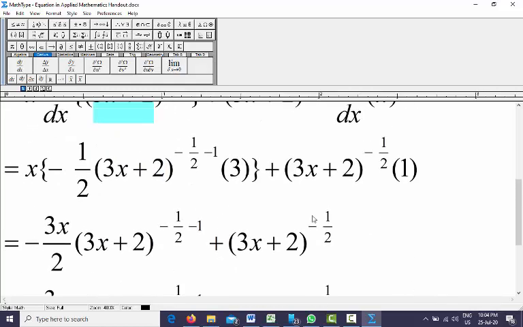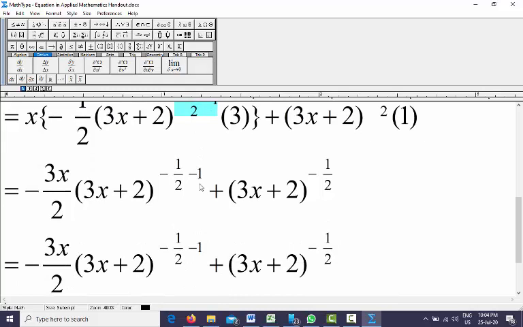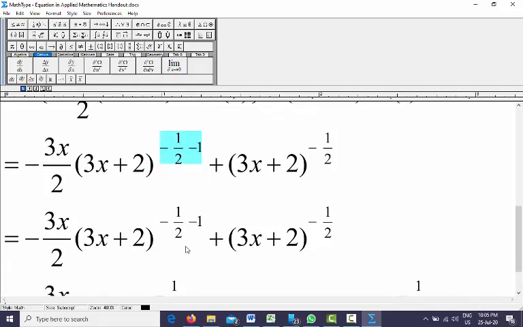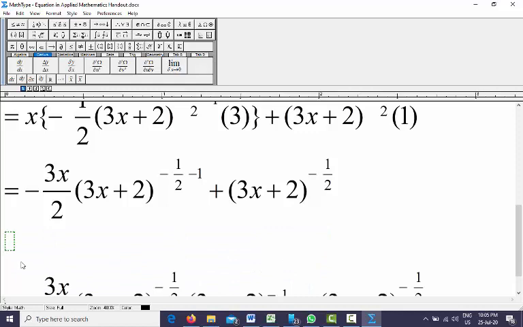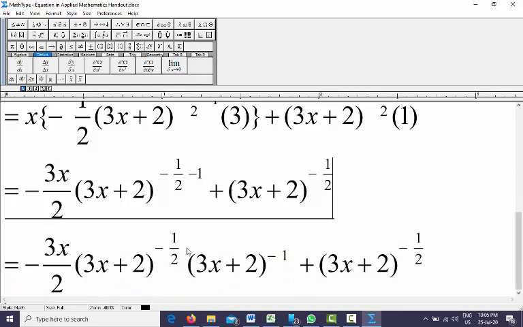So better if you want to take common between these one and this one, it's better and easier if you don't calculate these one, rather just separate it.